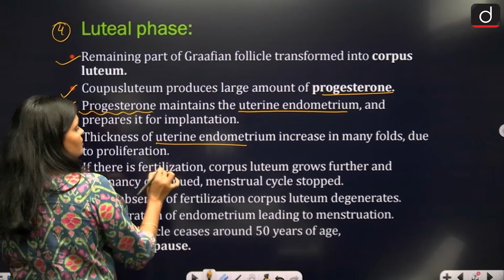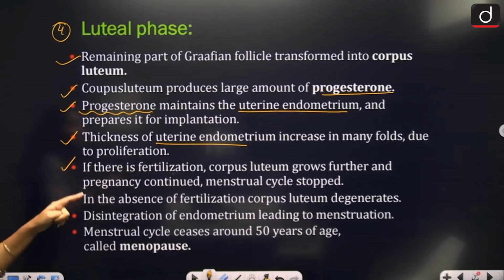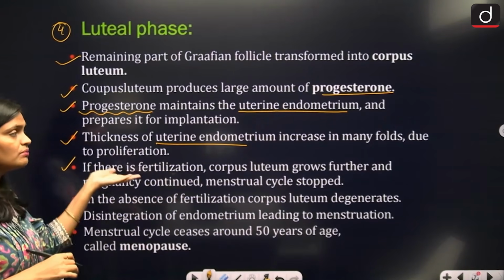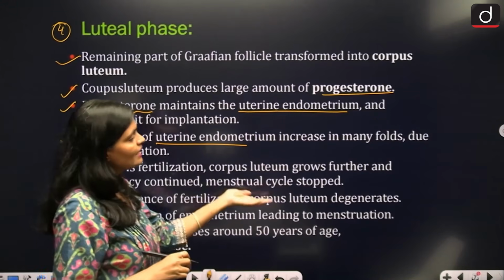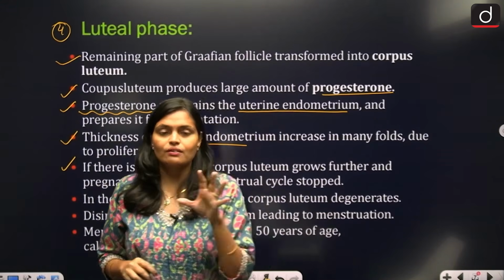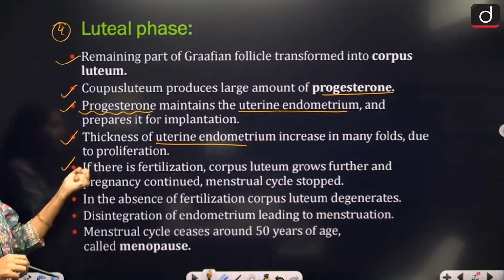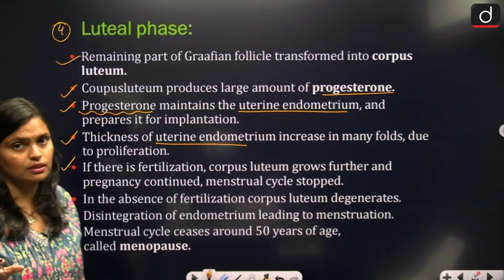If there is a fertilization, the corpus luteum grows further. If fertilization takes place, then the corpus luteum grows further, pregnancy continues, and the menstrual cycle stops.